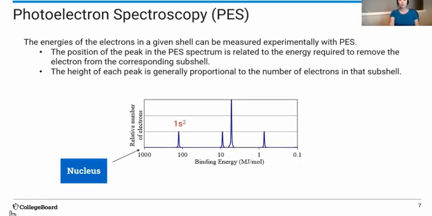If we take a look at the electron configuration, this peak represents the electrons that are closest to the nucleus. So this would be 1s2, and there are 2 electrons there. Next comes 2s2, and again, same height of peak, which means the same number of electrons, and then 2p6.